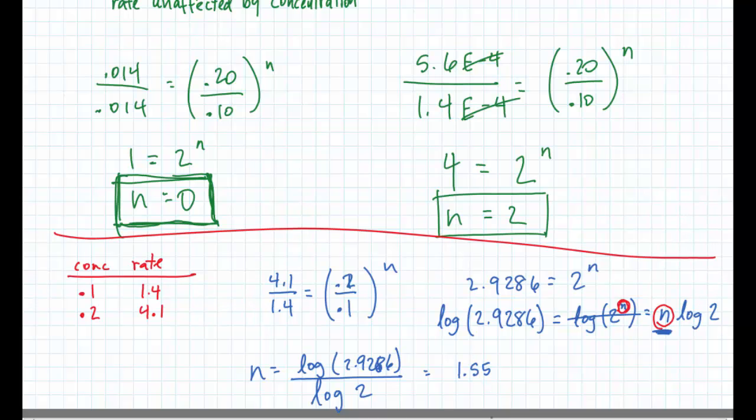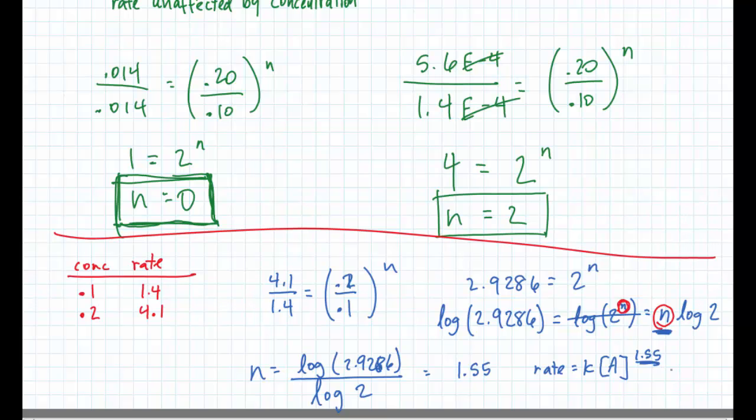And what does that value actually mean? Where would we put that 1.55? That's the exponent. Rate equals the concentration of the reactant to the 1.55 power.